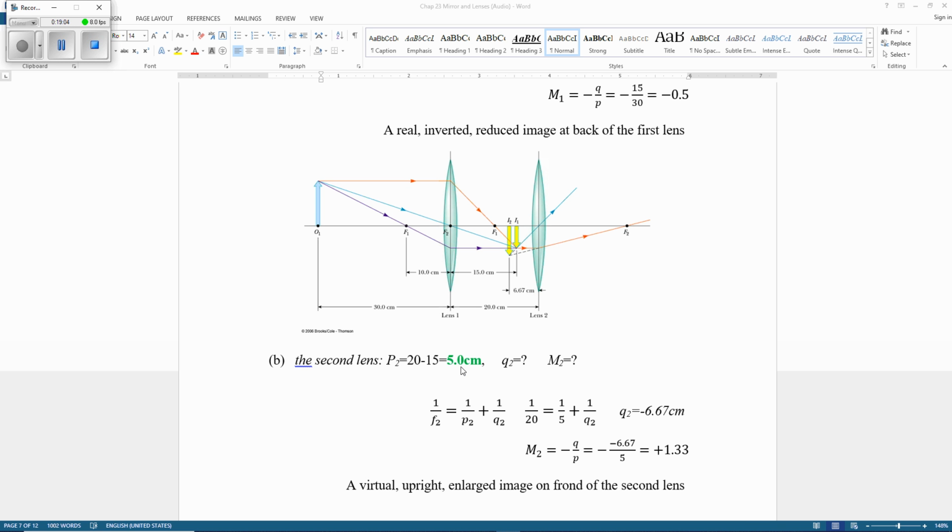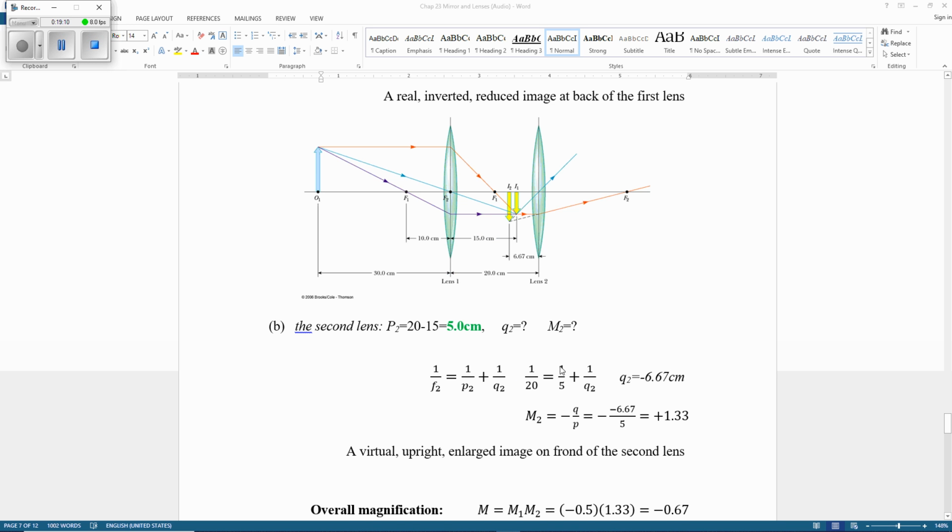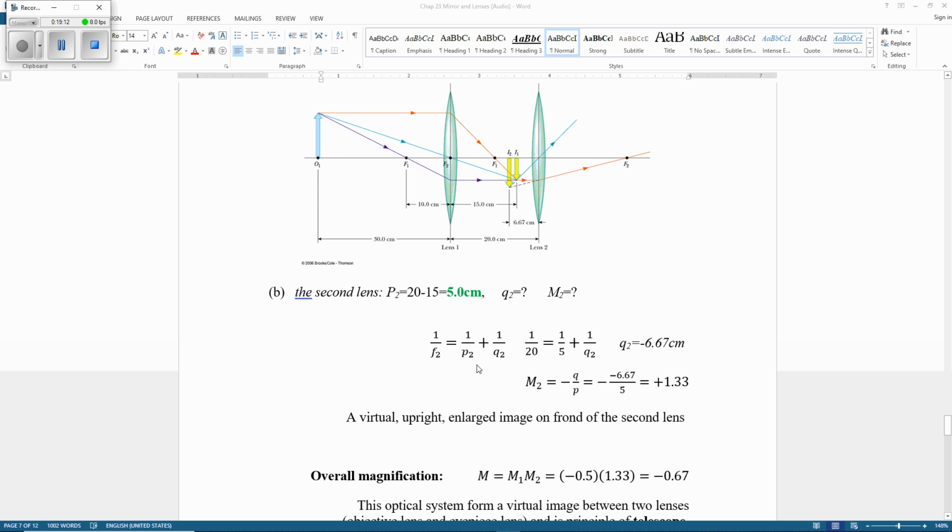So now we're going to find the second image distance and magnification. We use the same equation again. Given F2, the focal length of the second lens, equals 20 centimeters, 1 over 20 equals 1 over P2, which is 5, plus 1 over Q2.